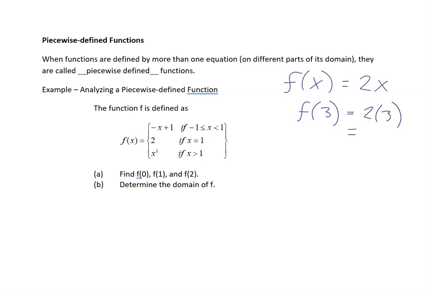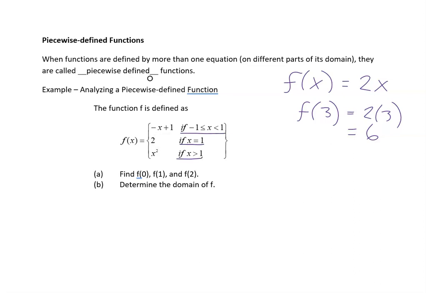So f of 3 would be 6. Well, we're going to use this same concept in piecewise defined functions, but the difference is, do I plug it into the top piece, the middle piece, or the bottom piece? And that's what we have to decide based on the domains that are provided.